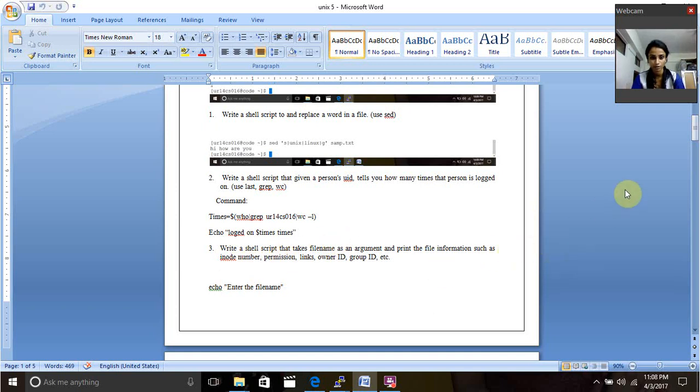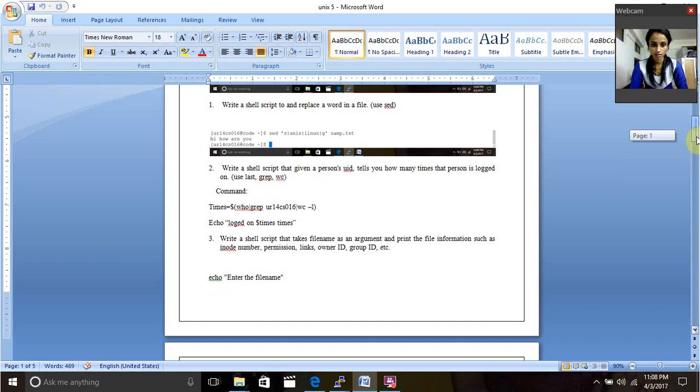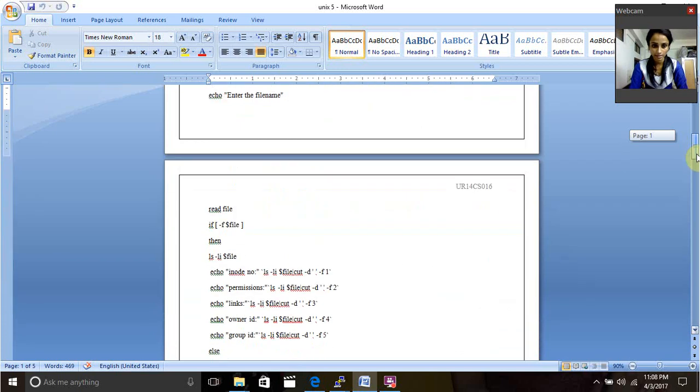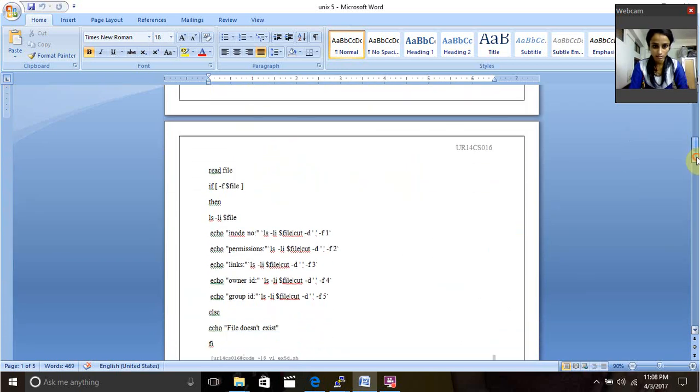Okay, the next question is to write a shell script that takes a file name as an argument and prints the file information such as inode number, permission, links, owner ID, group ID, etc. So here I'm going to enter the file name. I will read the file, if -f $file, then ls -li.